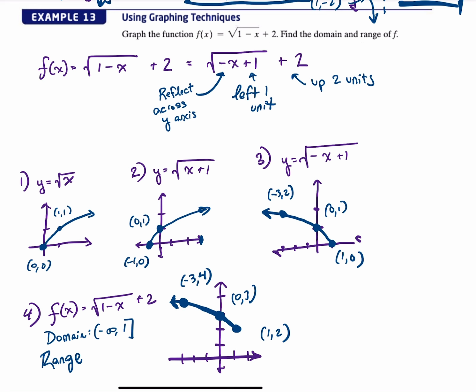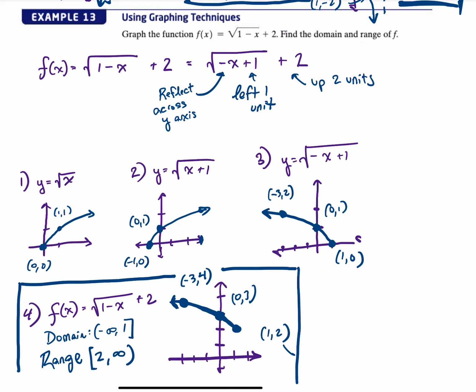There we go. So the range going from positive 2 up to positive infinity. All right, so this will be our final graph.